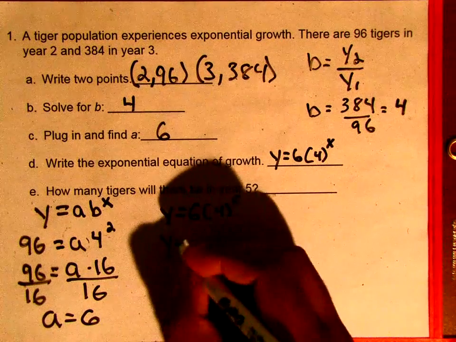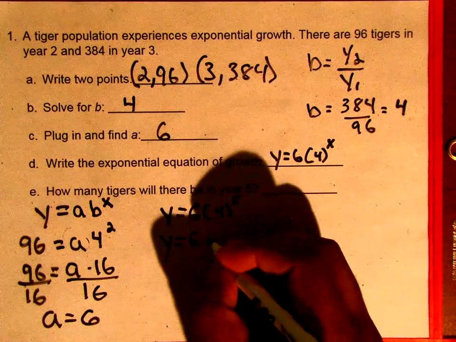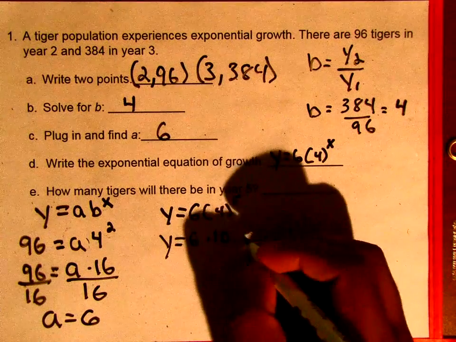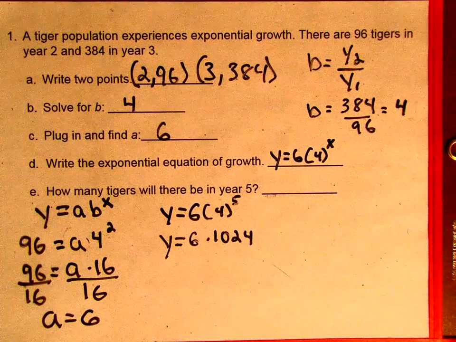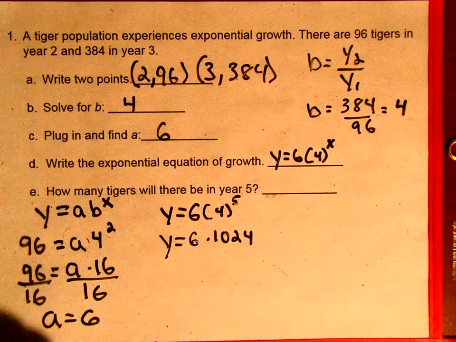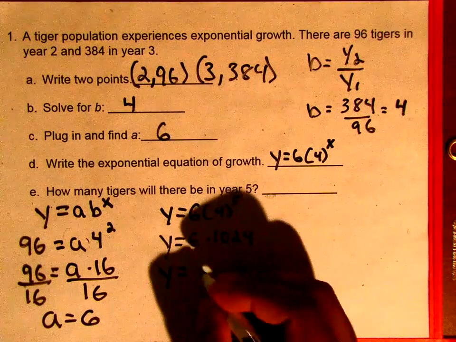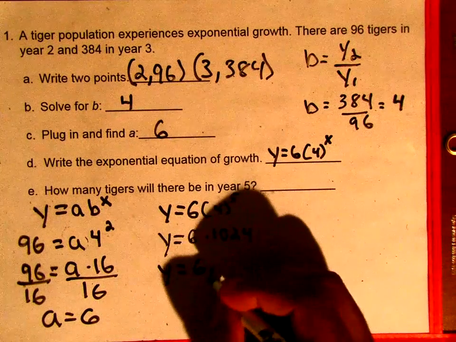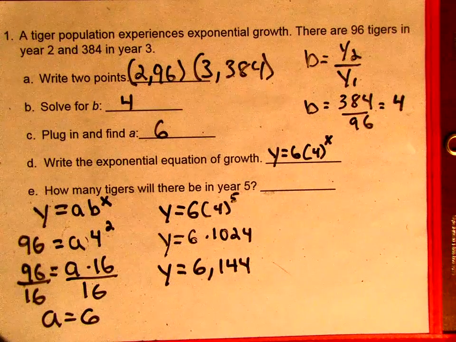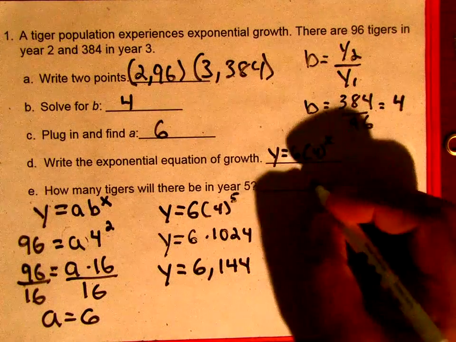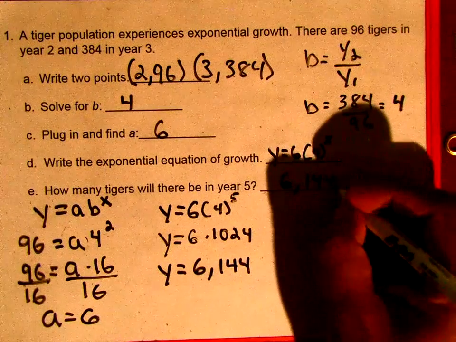All right, so 4 to the 5th is going to be 1,024. And then 6 times 1,024 is 6,144. So in 5 years, it'll be 6,144.